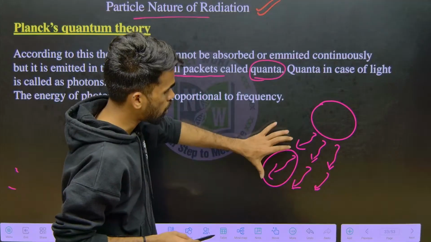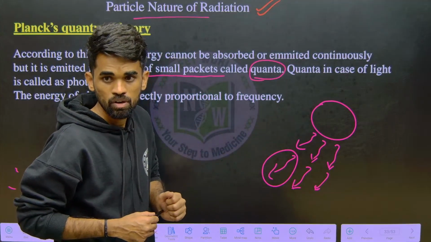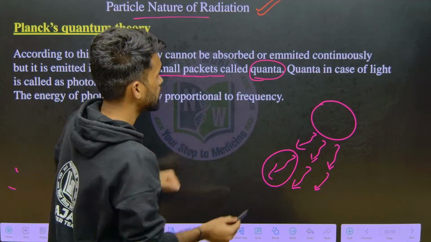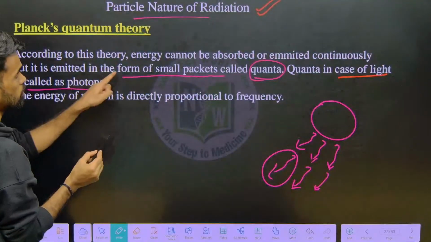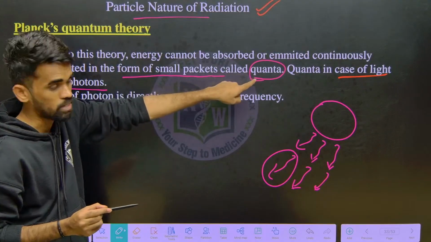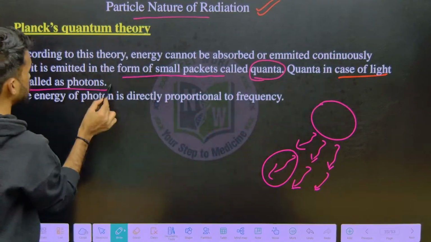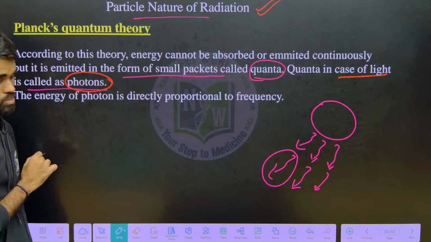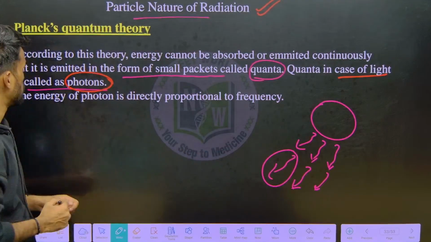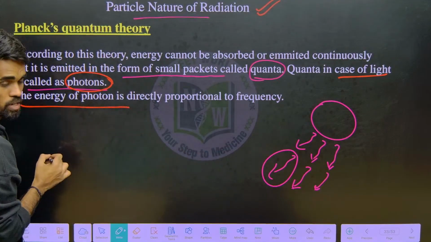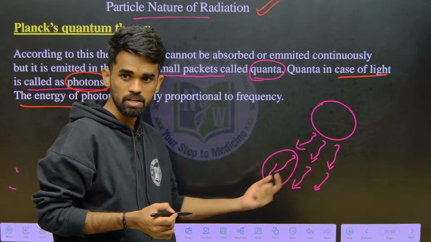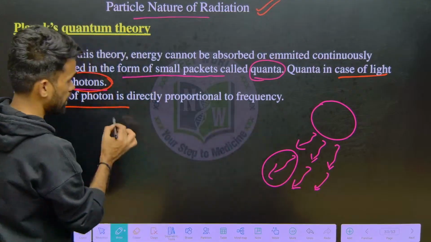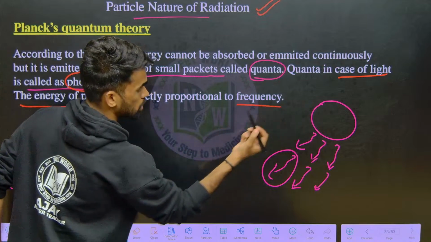So these small packets of energy are called quanta, and quanta in the case of light are called photons. So I can say this as photons. The energy of each photon, the small packet, is directly proportional to frequency.